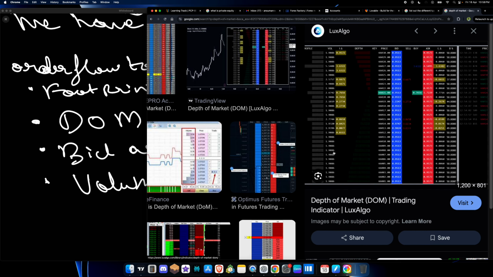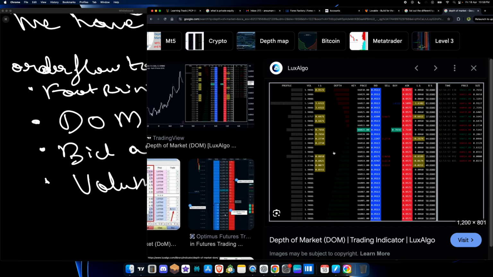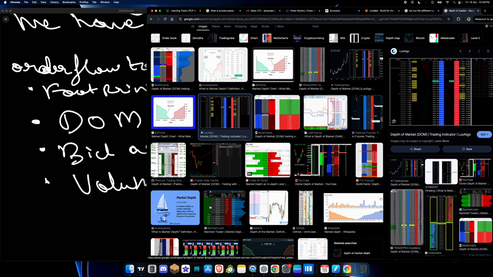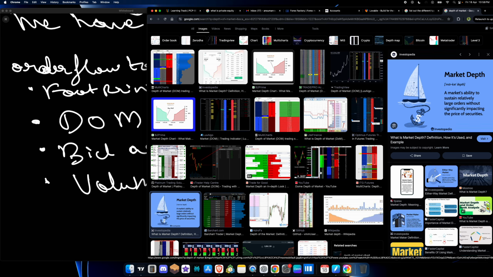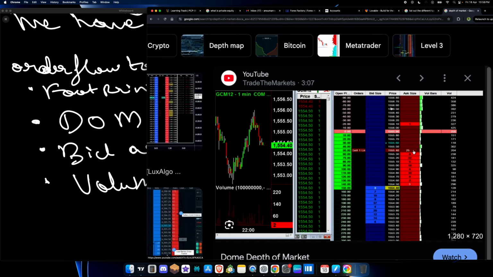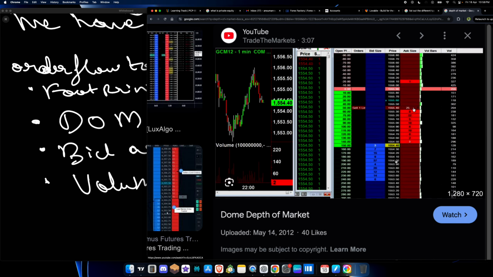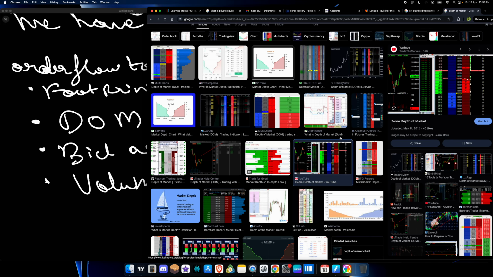It gives a bird's eye view of the orders that have been executed, the bid and ask, especially whether it's hitting the bid or hitting the ask price. Market depth is all about that. Here we have the ask price over here, and the bid price over here. So this is what market depth looks like.